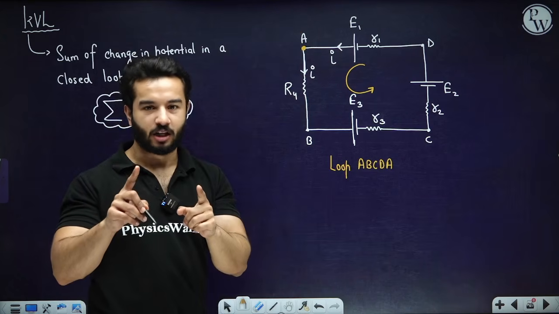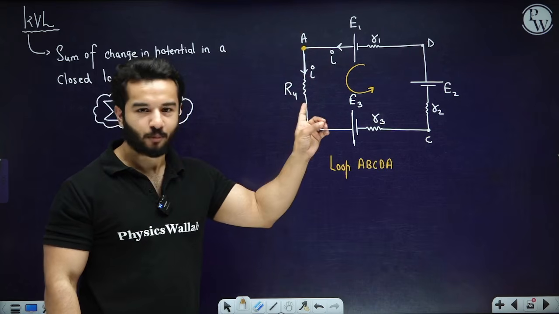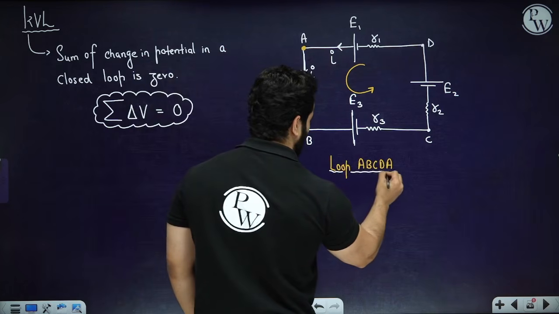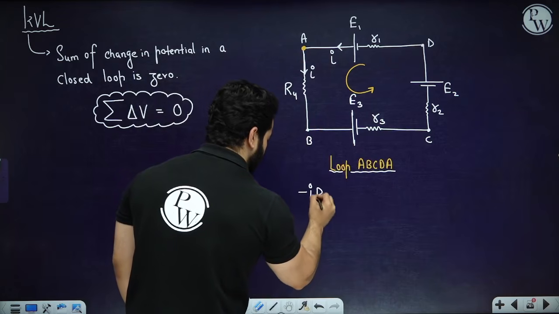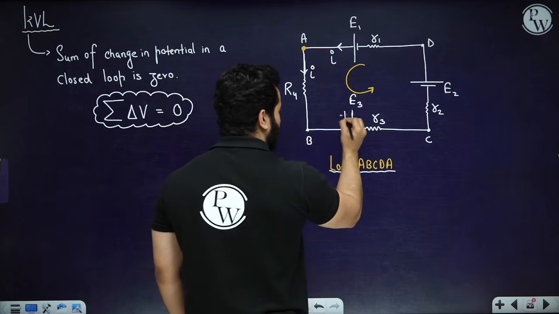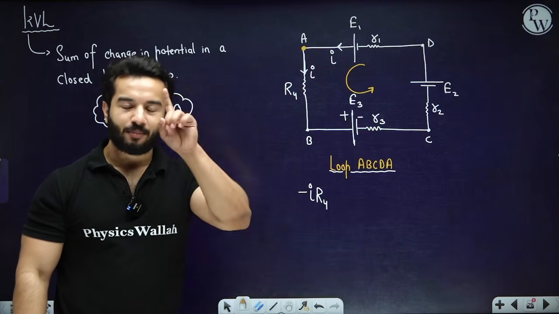That's what I was talking about. So you are moving along the direction of current. So there is a potential drop. So this is applying KVL at loop ABCD. Let's write this as minus I into R4. Now let's again move. This is a positive potential and a negative potential. So from positive to negative, that means potential drop.